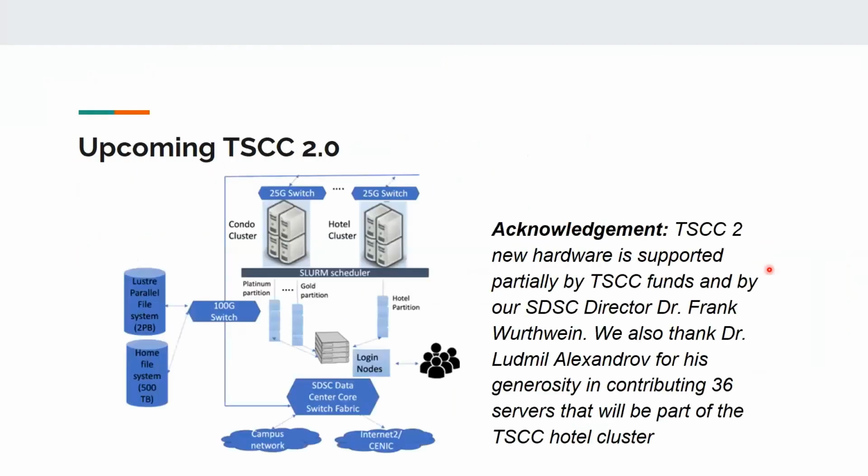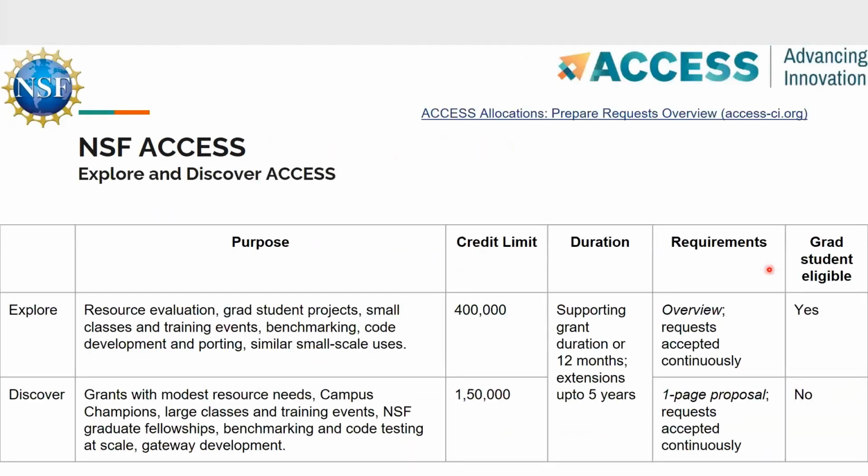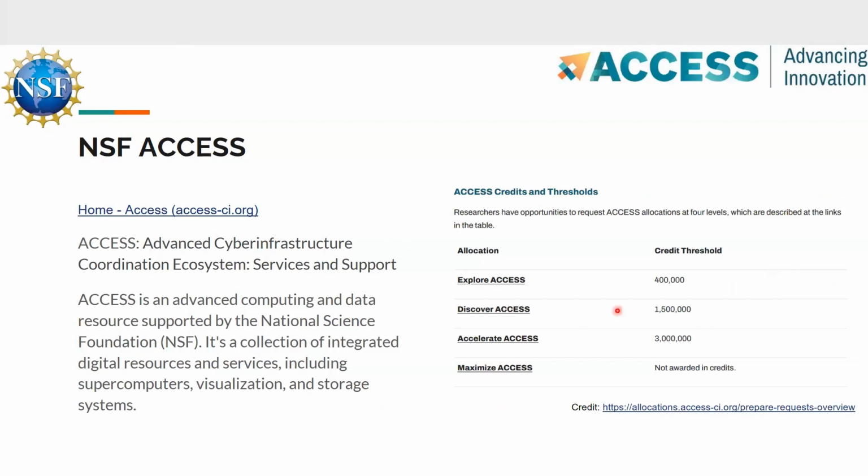Depending on the type of allocation that you apply to, so let's say the allocation that you apply to is the Discover access. Now you have 1.5 million NSF access credits. These are access credits. This is not time on any particular machine, like Expanse or Bridges.